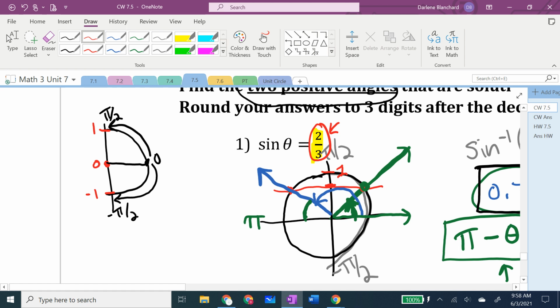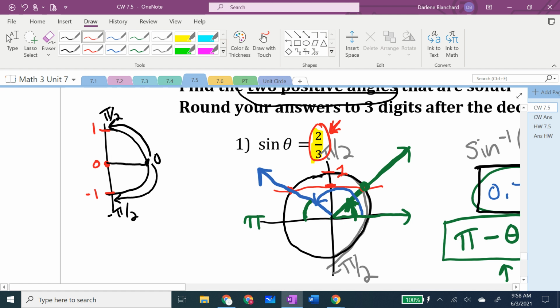If it is a negative number that is smaller than negative 1, like -2, -3, anything on that end of -1 is no solution. This number has to be between -1 and +1 to get any answers.